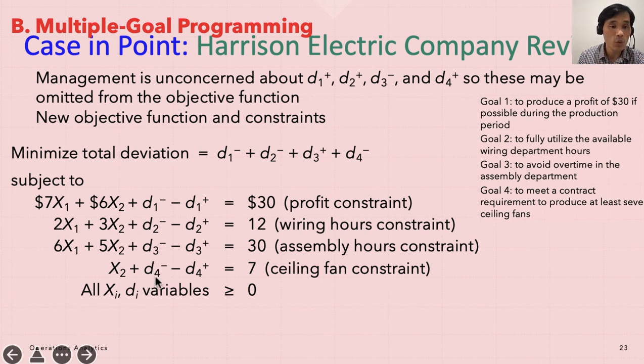So D4 minus is your concern, and you want to minimize this and make it 7 as close as possible. And there are non-negativity constraints there.